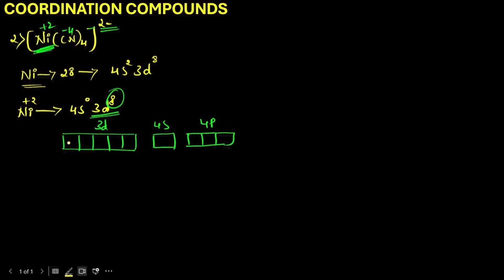We have to fill the electrons according to Hund's rule of maximum multiplicity: 1, 2, 3, 4, 5, 6, 7, 8. And we know that CN is a strong field ligand, so pairing occurs. The unpaired electrons of the 3d orbitals are paired. We will write it again.